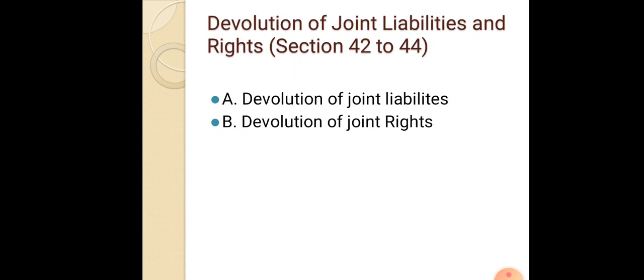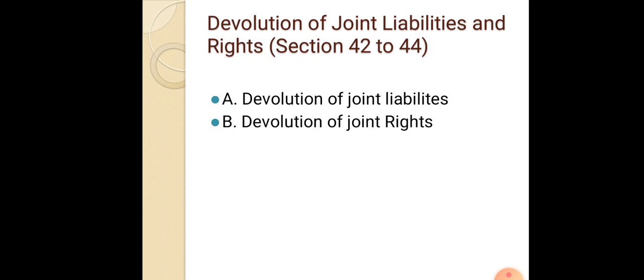So in today's lecture we will see devolution of joint liabilities and rights. These are Sections 42 to 45 of the Indian Contract Act, which discuss devolution of joint liabilities and rights. So what is this actually? Sometimes two or more persons enter into a joint agreement with one or more persons. For example, suppose A and B jointly promise to pay rupees 2000 to C and D. Here A and B are the joint promisers and C and D are the joint promisees.